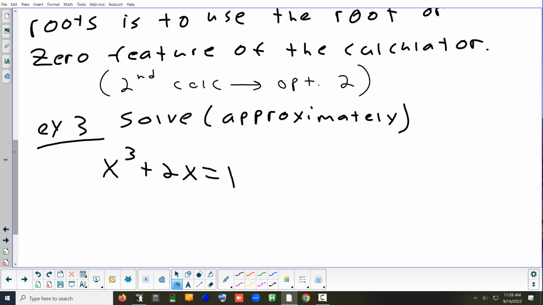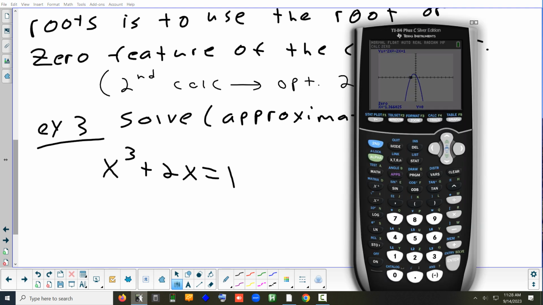So I want to do the same thing. Get it equal to 0, and then see where it crosses. Okay, what would I type in to get that equal to 0?